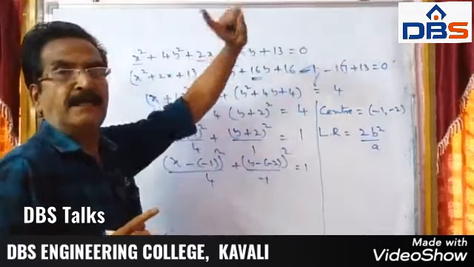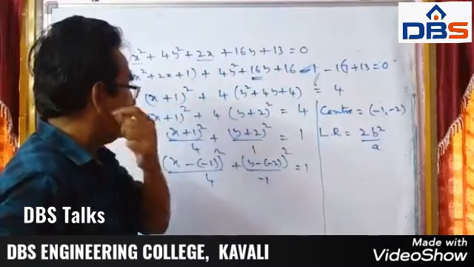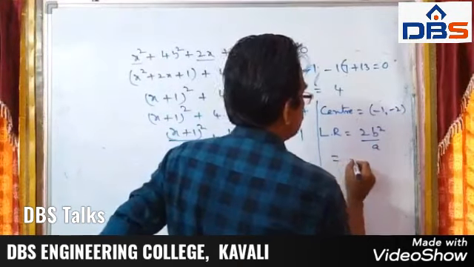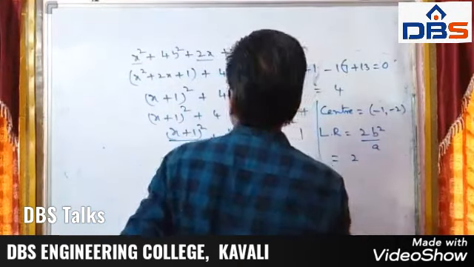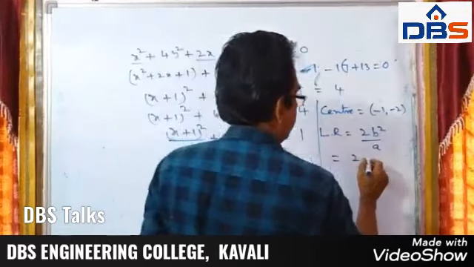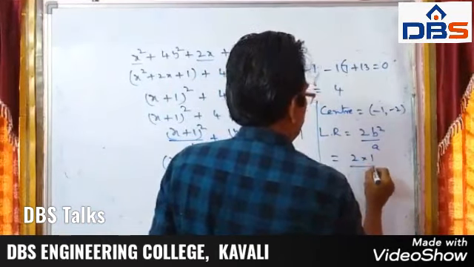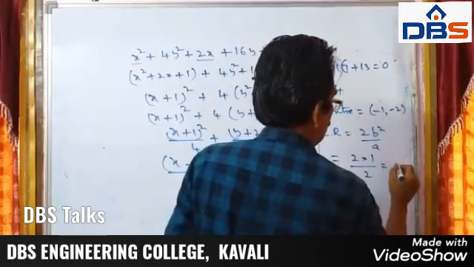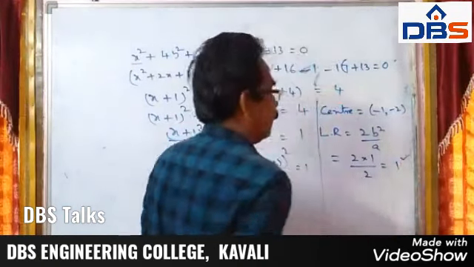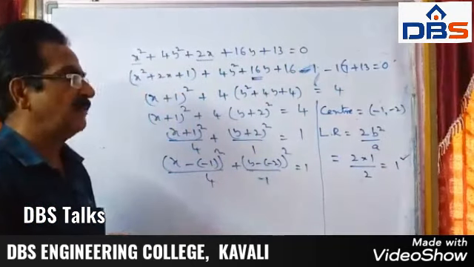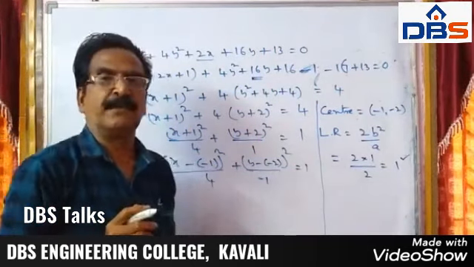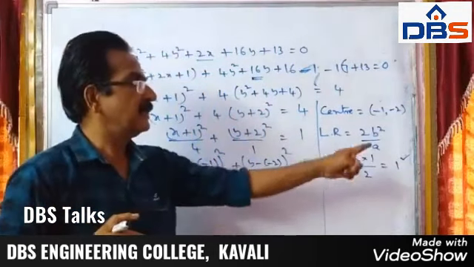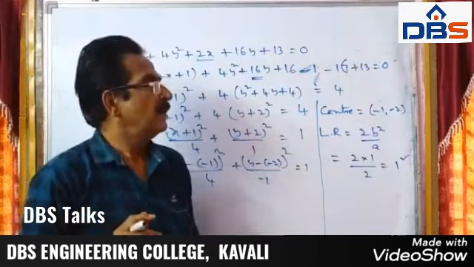Now we have to add the center. So 2b square by a. 2 into b square, b square is 1, by a is 2. 2 by 2 is equal to 1. So length of latus rectum is 2b square by a, that is equal to 1.